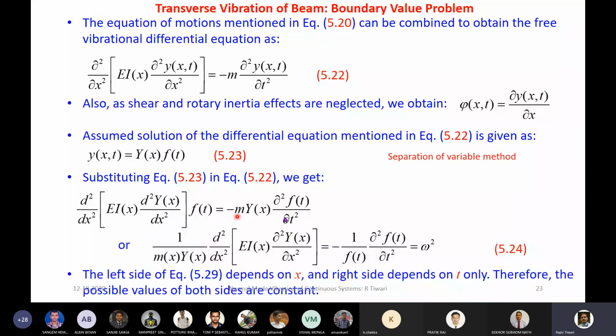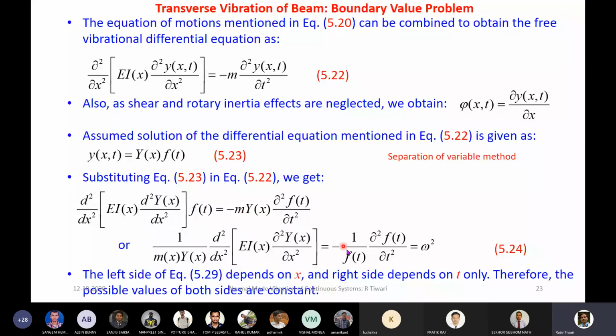Now this equation will separate such that on one side we keep all the terms containing x functions, and on the other side all terms containing time functions. If I divide by Y, this can come to this side. M can also be a function of x, so that I will also take on this side.